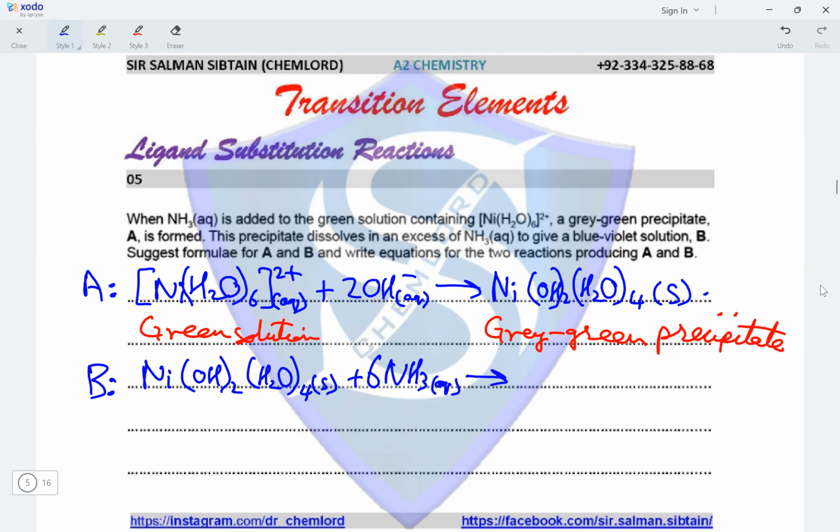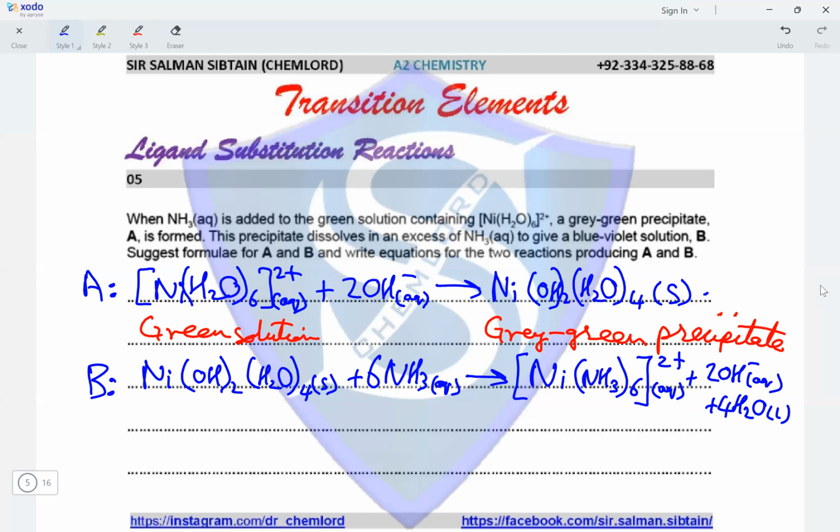Ligand substitution will occur, resulting in the formation of Ni(NH3)6 with a 2 positive charge and production of 2 moles of aqueous hydroxide ions and 4 moles of water molecules.